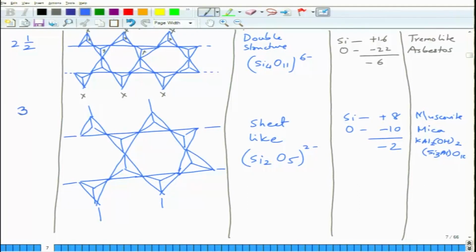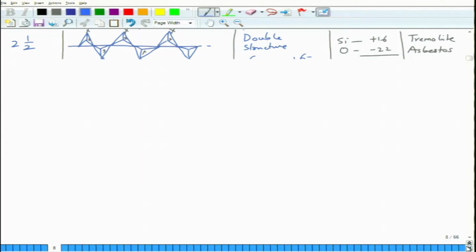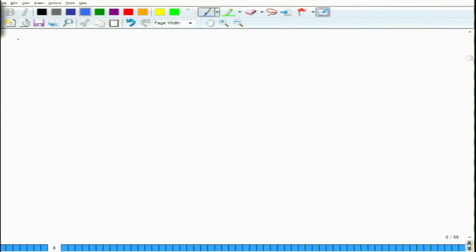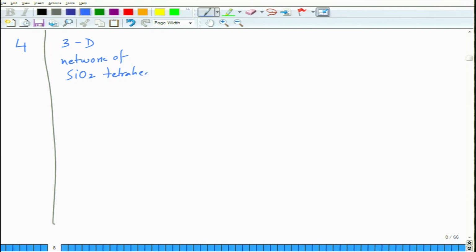Okay. And then the final one was the 4 pairing. As we saw in the first slide, you have a 3D network of SiO2 tetrahedra, and this is basically SiO2, with net charge 0.